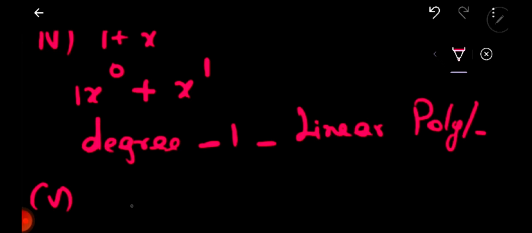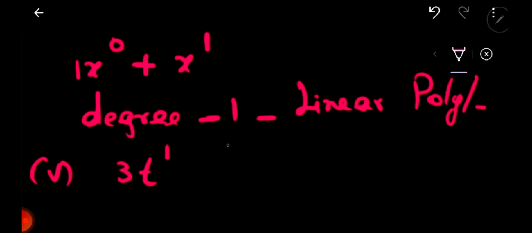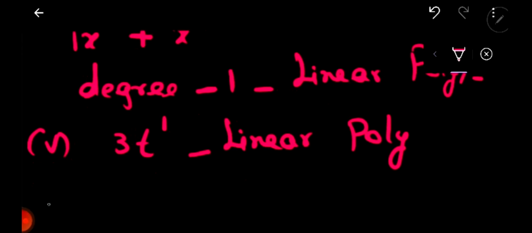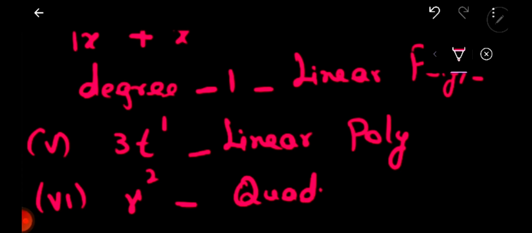Fifth one, 3t. T to the power 1. So that's why it is a linear polynomial. And the sixth one, r squared. The power of the variable r is 2. So that's why it is a quadratic polynomial.